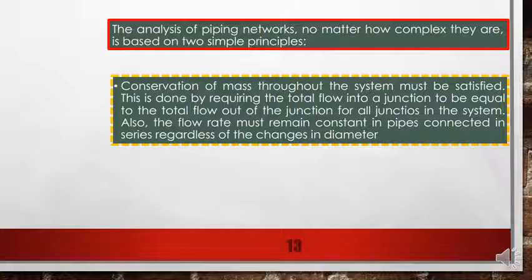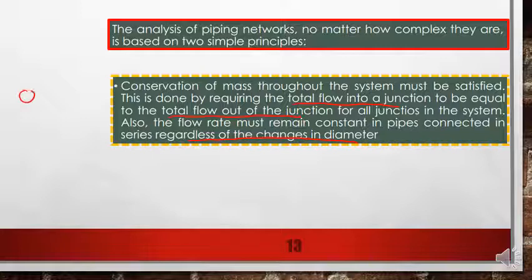The concept of mass conservation, which is Q in equals Q out, should be satisfied. It says that this is done by requiring the total flow into a junction to be equal to the total flow out from the junction, regardless of the change in diameter along it.